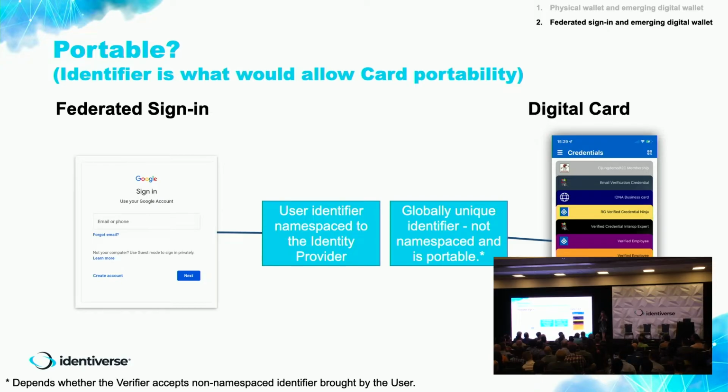So if I want to take it to another place, it would not make sense within this new namespace, new environment. But with the digital card world, we potentially have an opportunity to have a globally unique identifier. So if attributes are tied to that identifier, I can take that identifier, which can be understood regardless of which namespace or environment you're sitting in.